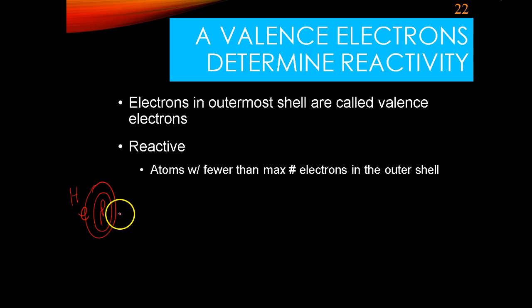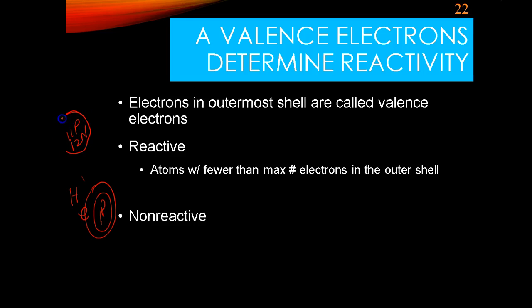So that one would be reactive. If it had more than one shell, for example, say, for instance, if we were looking at sodium. Sodium has 11 protons, has 12 neutrons.